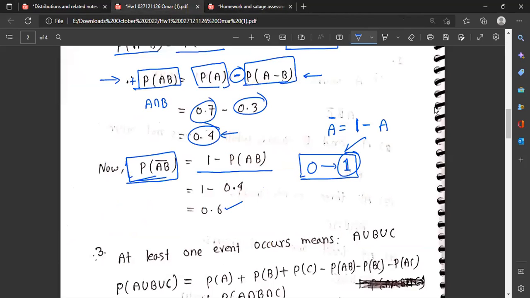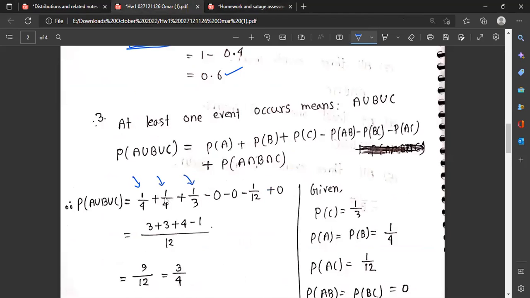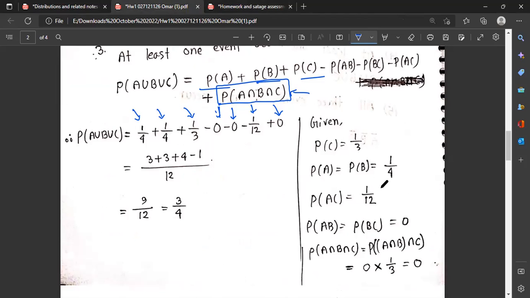If you look back here in my notes, in my homework, I have already assigned the values: P of A, P of B, P of C, and P of AB, P of BC, minus P of AC, and then plus P of A intersection B intersection C. But you also need to find P of A intersection B intersection C, because this value is not given. So let's see how we can find it.